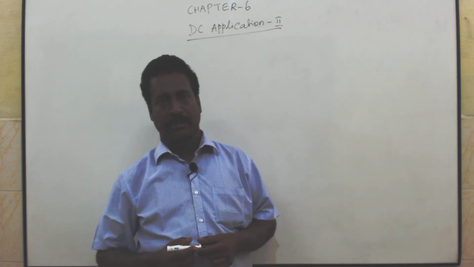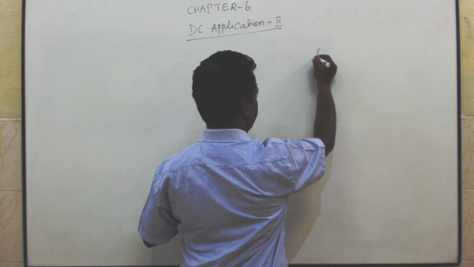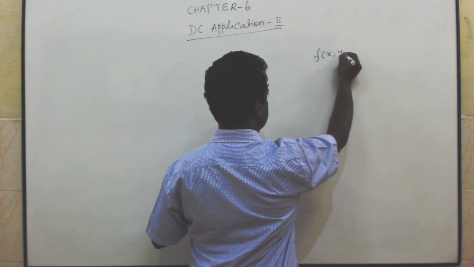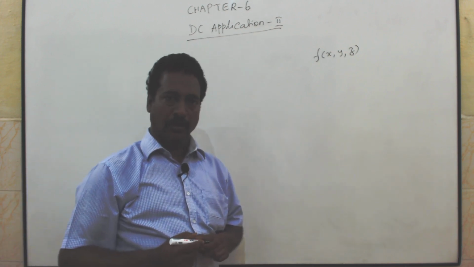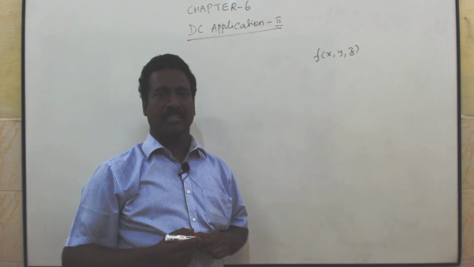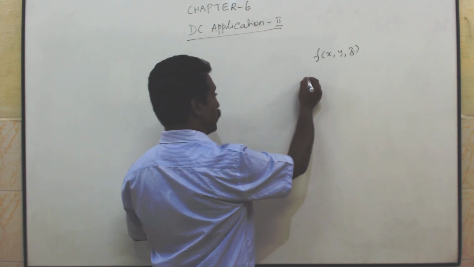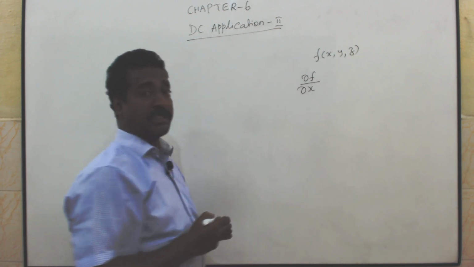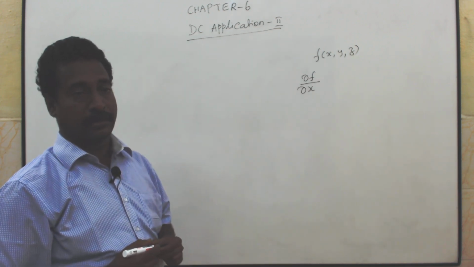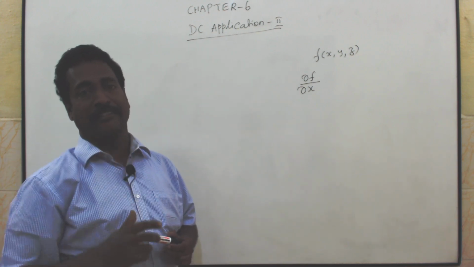Let us consider the function f. F having the variables x, y, z. If you want to find out partial differentiation of f with respect to x, that is dou f by dou x. Partial differentiation of f with respect to x. Dou, not d. D means ordinary differentiation.